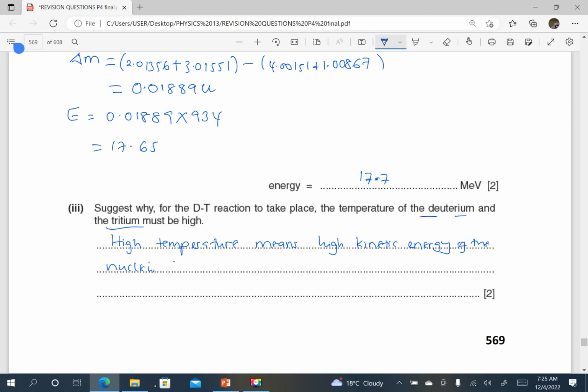So deuterium and tritium nuclei can overcome the electrostatic force of repulsion between them and collide.